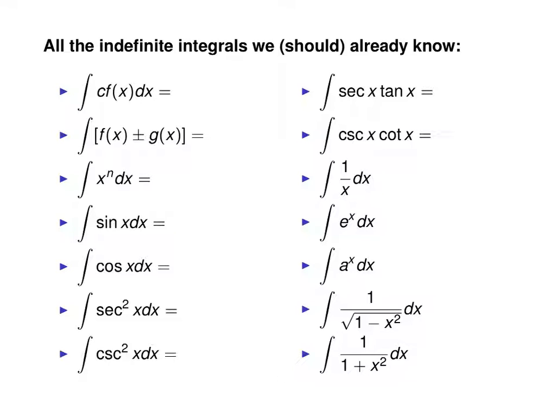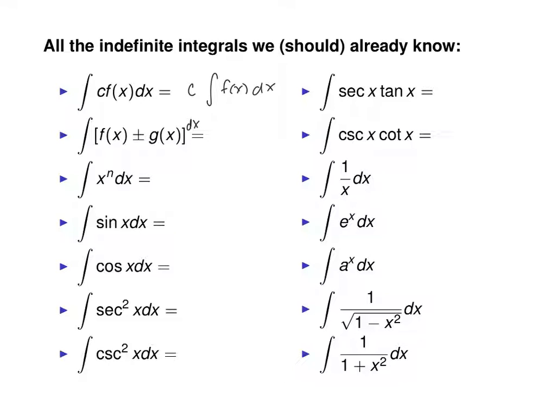Okay, so things you should already know. First thing is that constants can factor out of the anti-differentiation process. That's totally fine. I missed my dx here. Bad teacher.